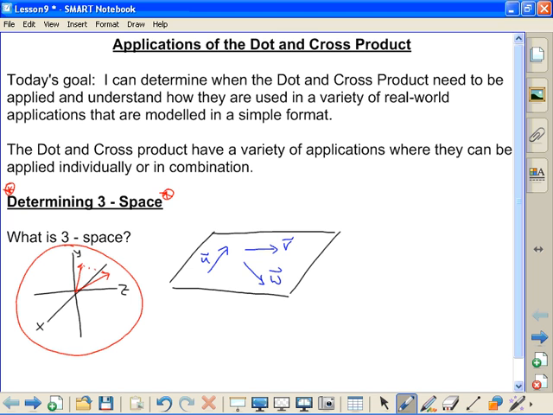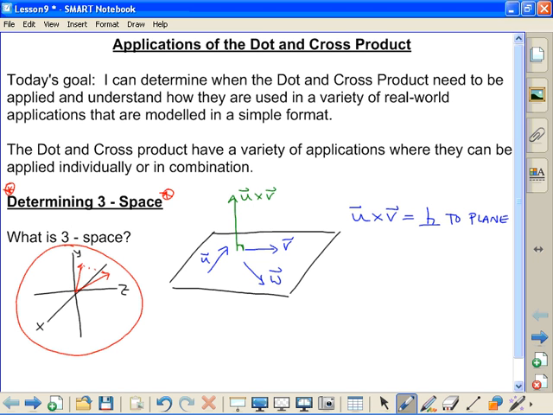If I was to take U cross V, my result of U cross V would be a new vector that is perpendicular to the page, because when you take the cross product of 2 vectors, you end up with a brand new vector that is perpendicular to the page. All right, so I'll say perpendicular to plane.